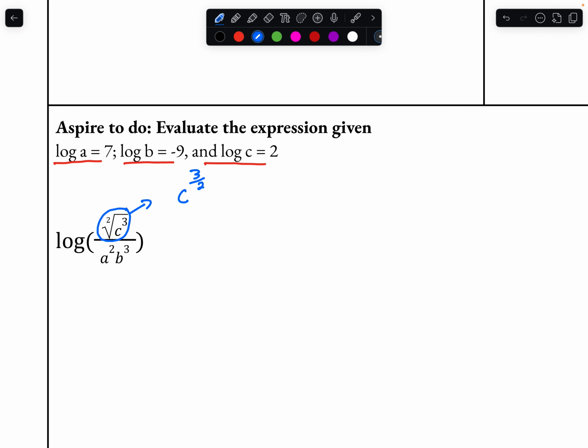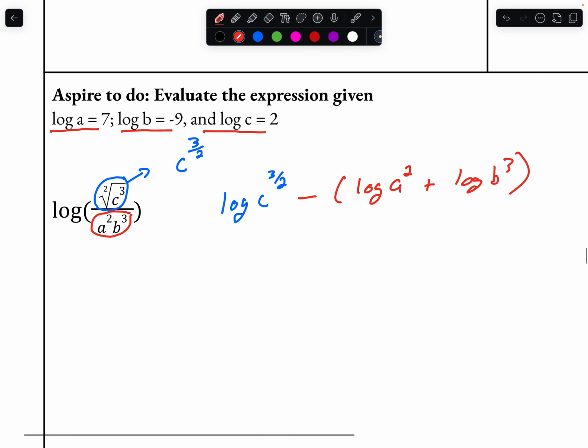Okay, so what I'm going to write is the following. I'm going to say log of c to the, instead of using the radical notation, I'm going to use a fractional notation. And then remember, I'm dividing by this whole thing. So I would say log of a to the second power, plus log of b to the third power.